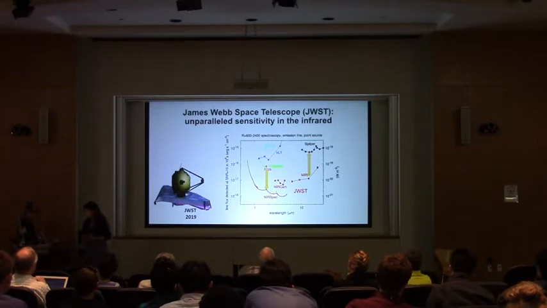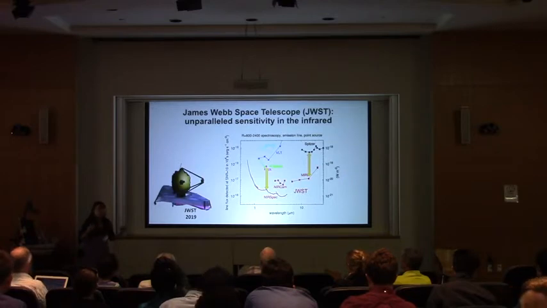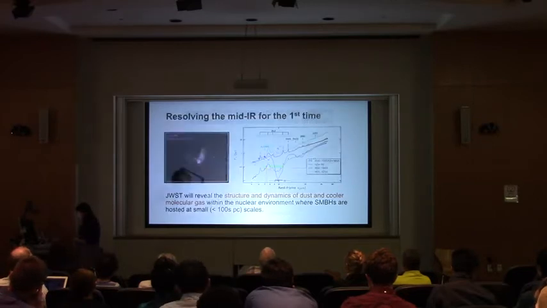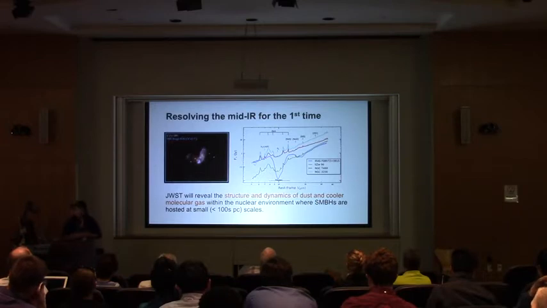And also this is obviously the first time that we are not just having spatial resolution in the mid-infrared, but also we're putting an IFU in space. So I'm pretty excited about that. But what it can really do for us is to be able to resolve the mid-infrared.